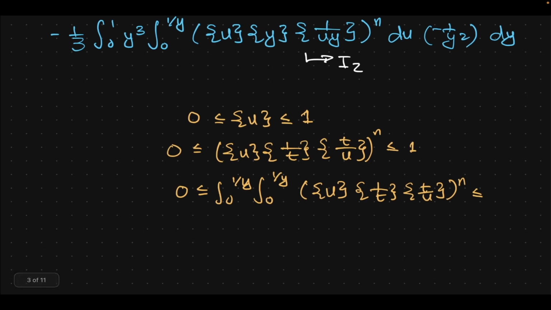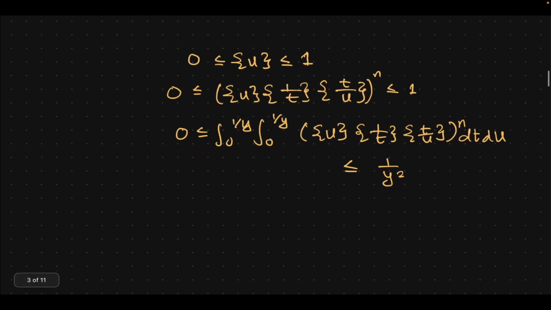Maybe I should add the differentials. I forgot that part. Apologies. There are two intervals: 1 over y minus 0, and 1 over y minus 0, because there's a double integral. So it's a product of that, 1 over y squared. So that's bounded.